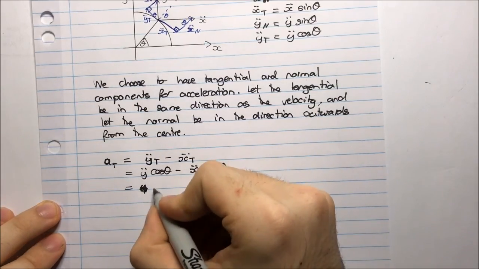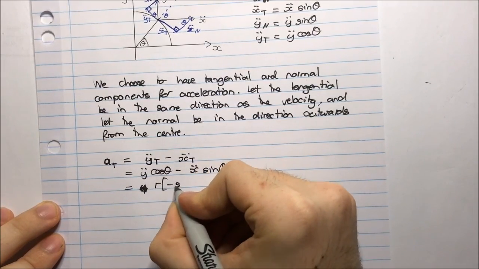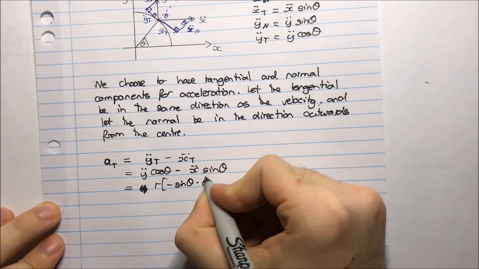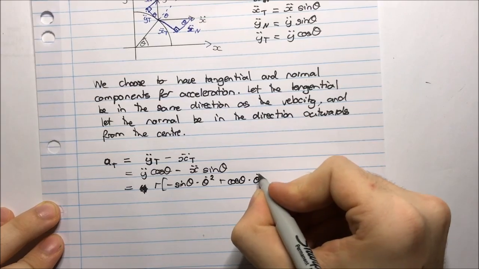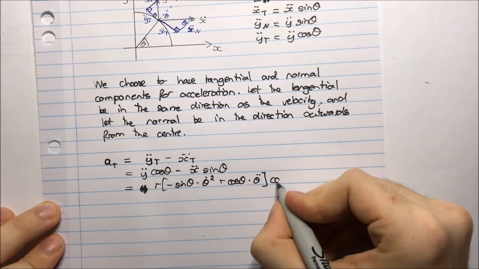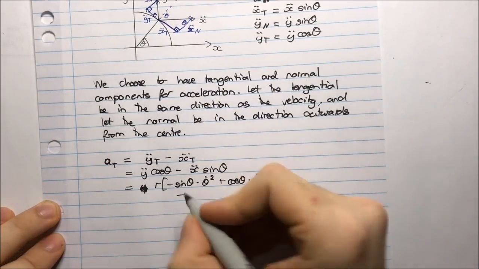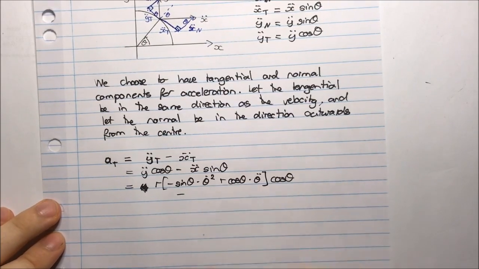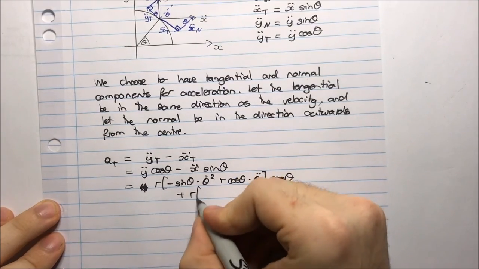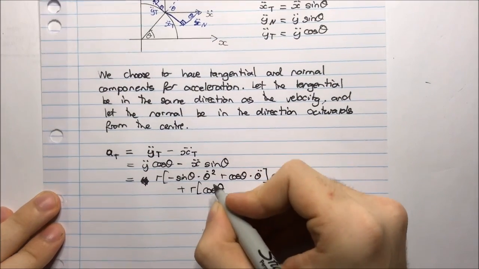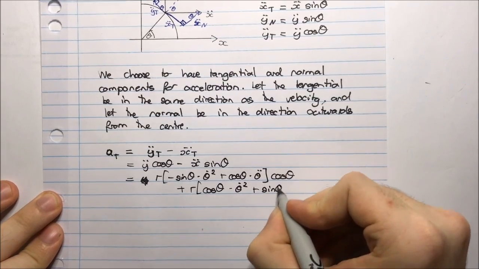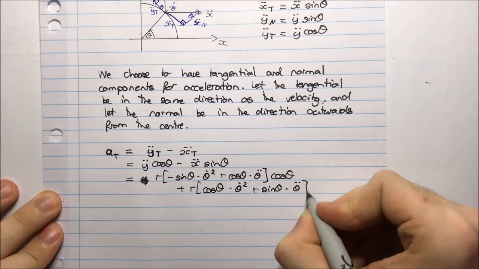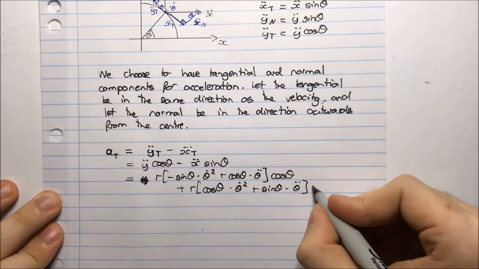So that is r times minus sine theta times theta dot squared plus cos theta times theta double dot, times by cos theta, and minus, what's x double dot? Well, x double dot is minus r, so this minus and another minus will give me a plus, r cos theta times theta dot squared plus sine theta times theta double dot, and then that is times by sine theta.